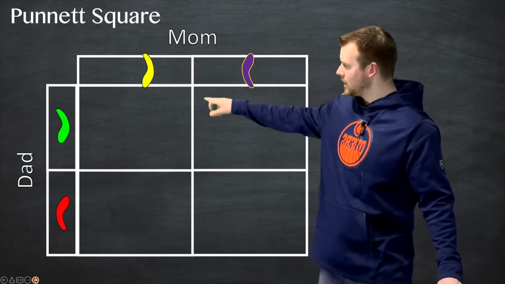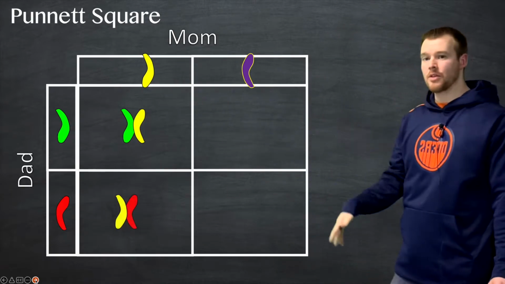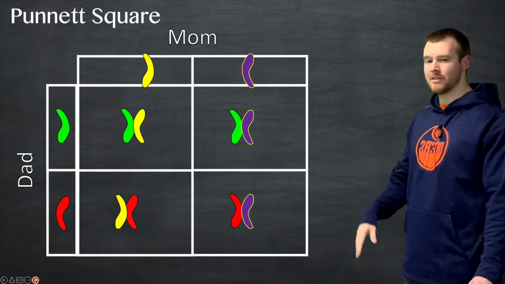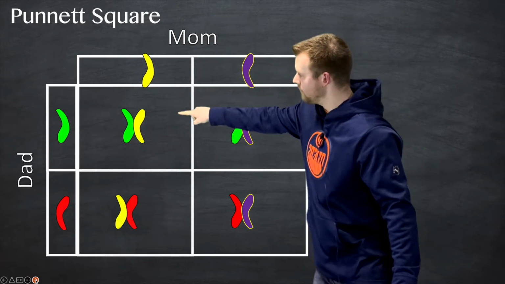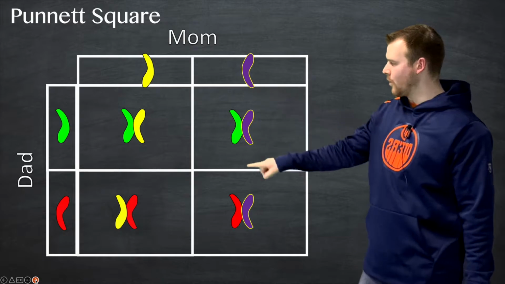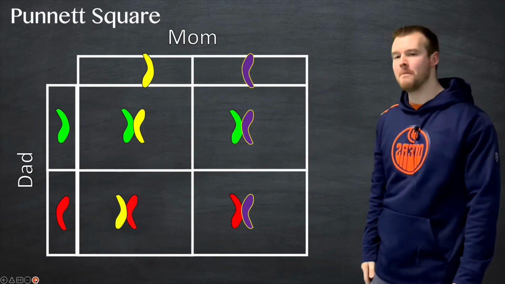So we could have the yellow combined with the green, that would make that one. We could have the yellow with the red, the purple with the green, or the red with the purple down in this corner. So you just draw a line, one you get from dad and one that you get from mom, and see all the different possible combinations. So these are the four different offspring that could result from these two parents.